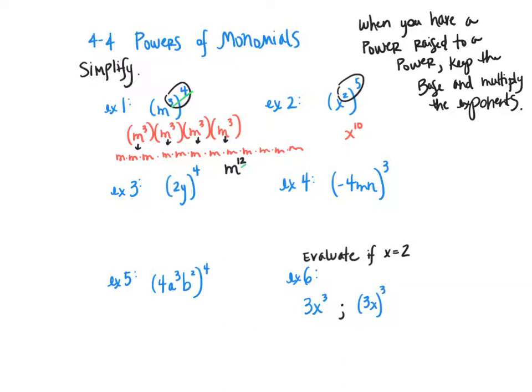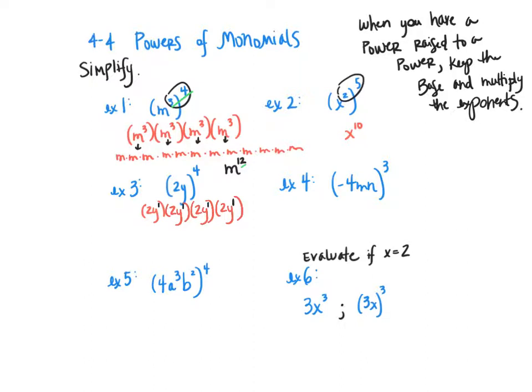Now in example 3, at least when I'm first doing this, I am going to write out what this means, because now I have a coefficient. And some students struggle when there's a coefficient like 2. So what this is saying is 2y times 2y times 2y times 2y. Now remember, all these y's are really y to the first power.